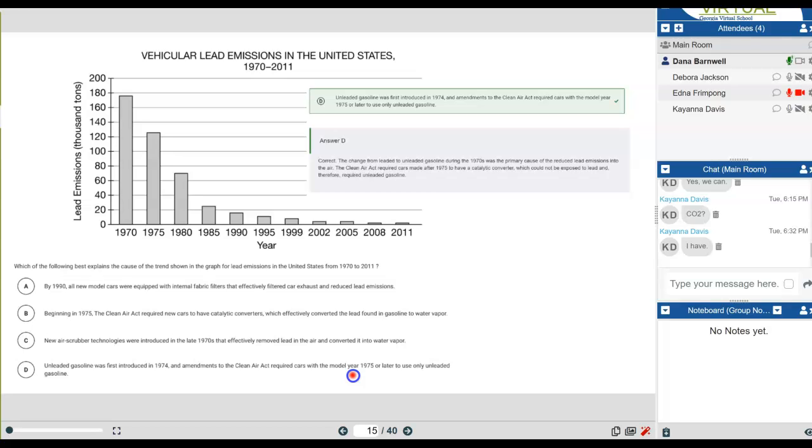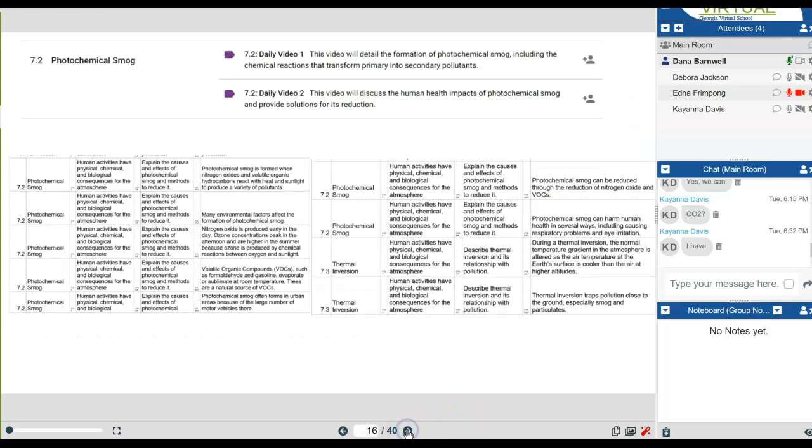So again, was lead one of our criteria pollutants? Yes, it was. And this is how, through amendments to the Clean Air Act, the United States has addressed lead emissions. So I want you to be familiar with that, okay?